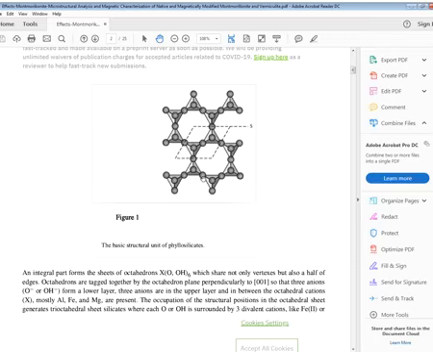This is the basic unit here, and this is the continuation of it. This figure is showing you this.